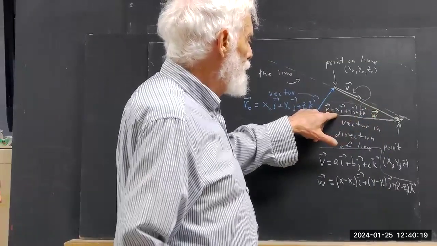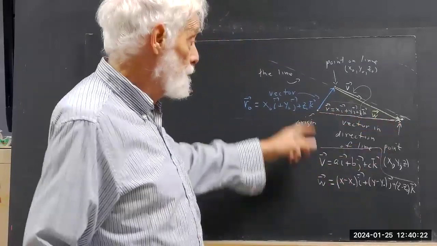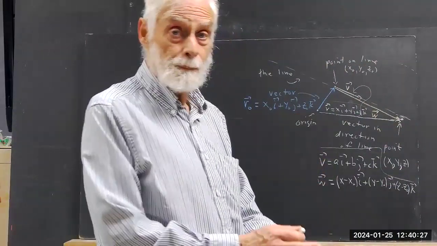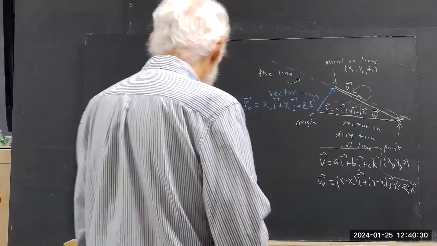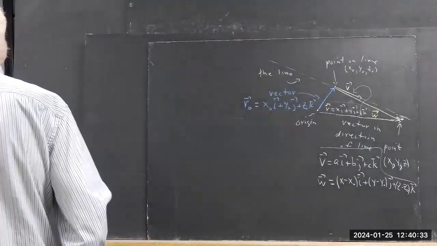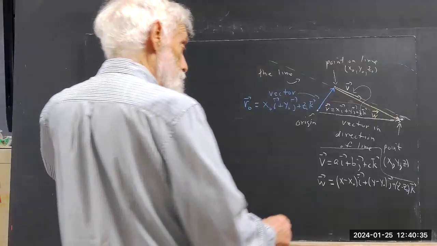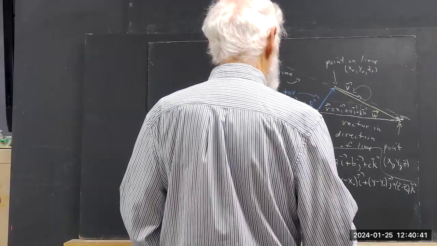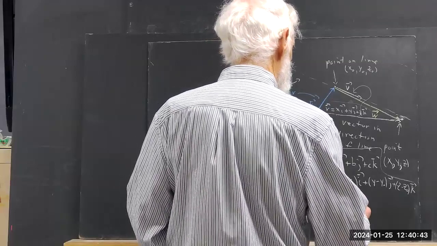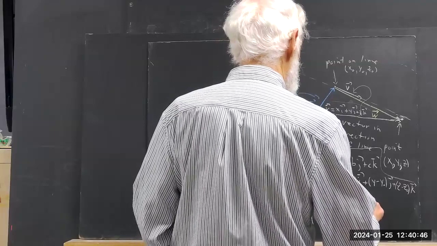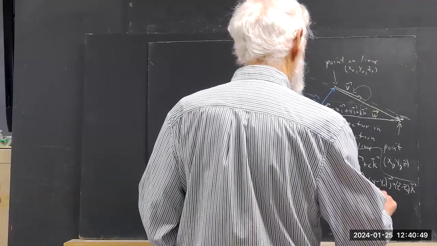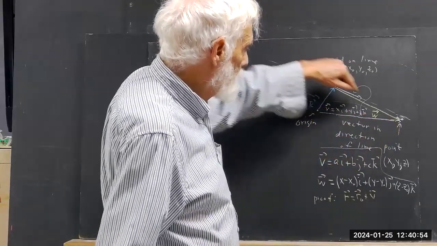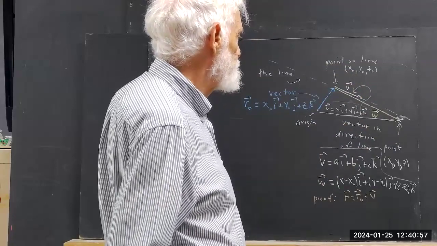This vector is xi plus yj plus zk. It's a vector from the origin to the point x, y, z. I'm going to call that vector R. So I can prove that what I just said is true. It's a very simple proof. The R vector is your R naught vector plus your W vector.